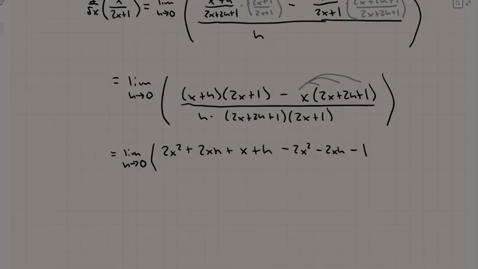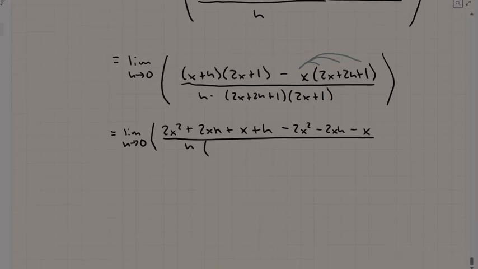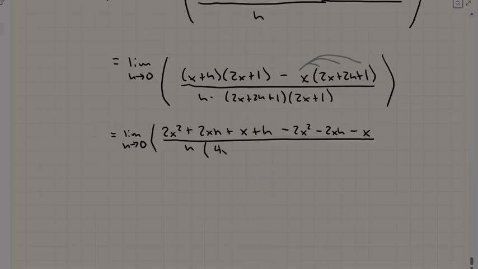Oh wait, minus x. Minus 1 times x. All right, and then that is going to go over, we got h. I'm going to leave the h out of it first and just figure out this term. I'm going to do 2x times each term and then 1 times each term. So it'd be 2x times 2x, 2x times 2h, 2x times 1, and then 1 times 2x, 1 times 2h, and 1 times 1.